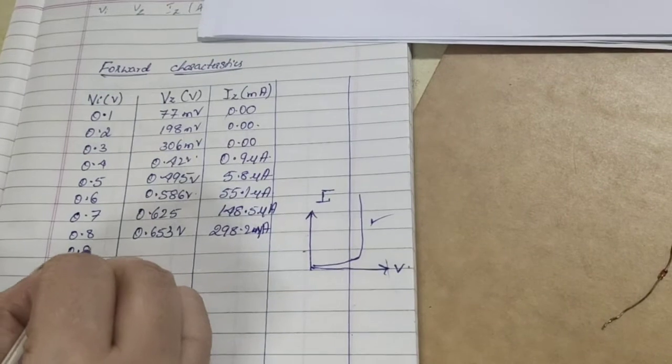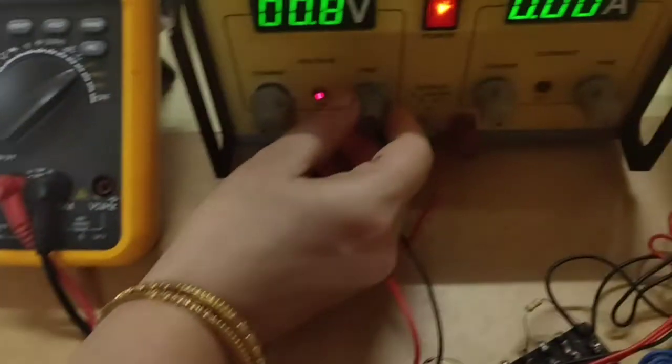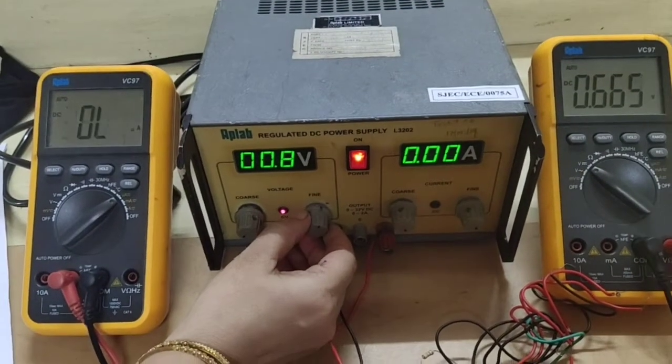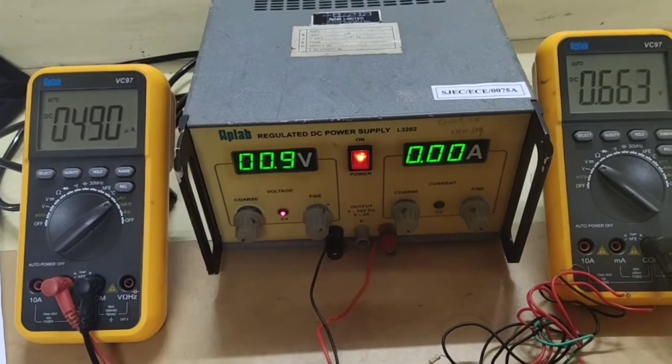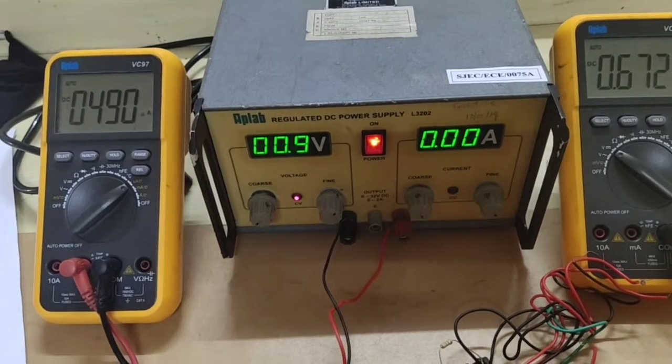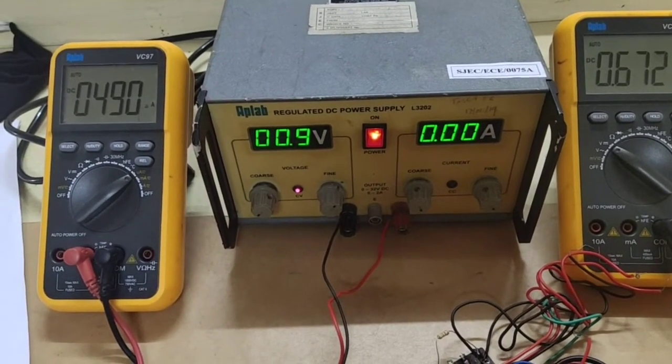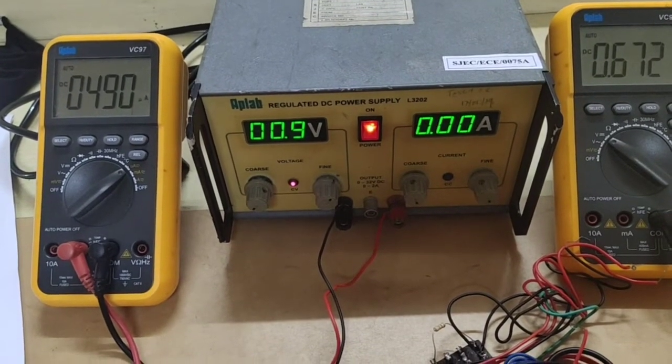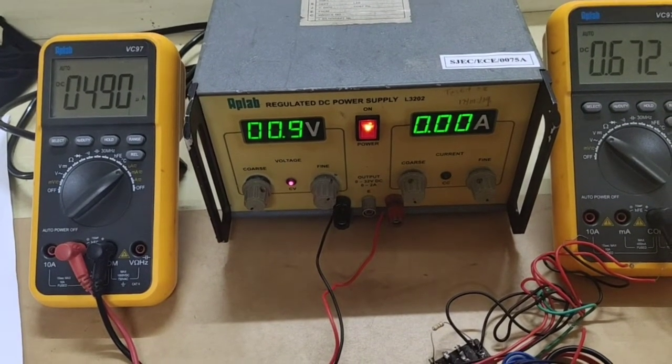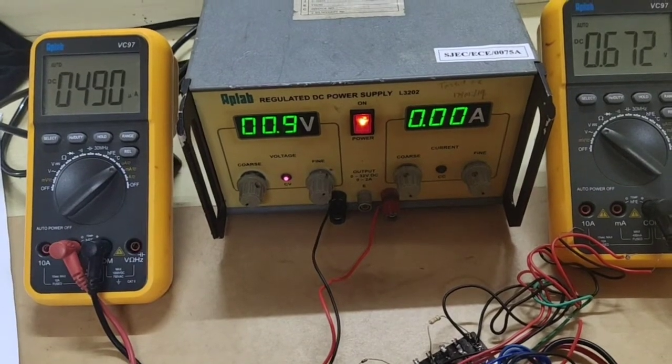It is almost constant. If you see 0.9, 490 micro, and 0.672.